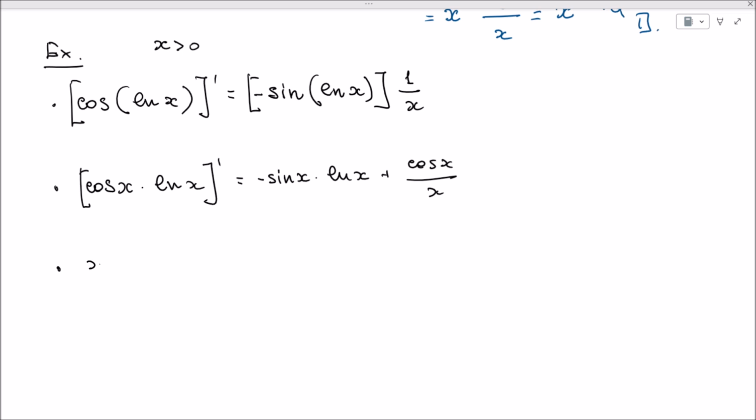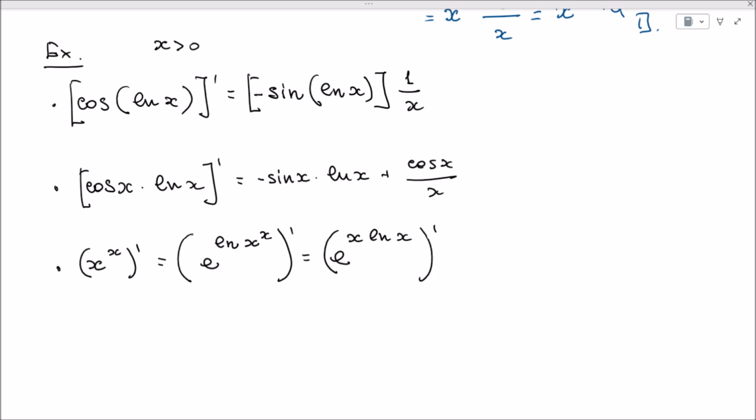Then let's suppose we want to take the derivative of x raised to the x. As always, when we have powers with functions in the base or in the exponent, we need to use the transformation to the exponential. So this becomes the derivative of e to the logarithm of x raised to the x, which is again e to the x logarithm of x, all in derivative.